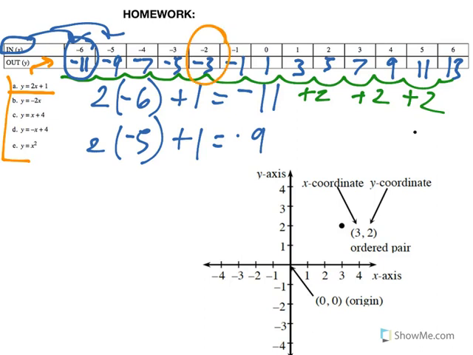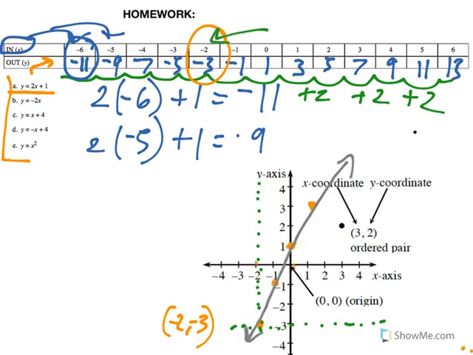We have negative 2 on the x, right here, and negative 3. And so negative 2 and negative 3 is right there. If that's hard for you to understand, just think, here's negative 2 on the x-axis, and here is negative 3 on the y, and where they meet is the point.